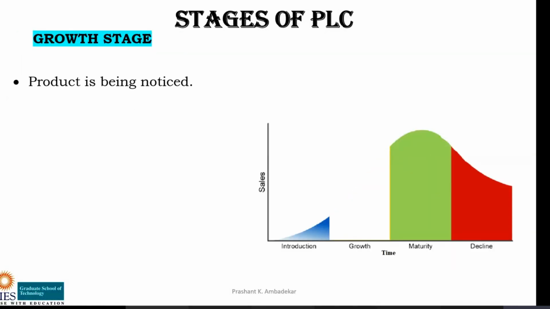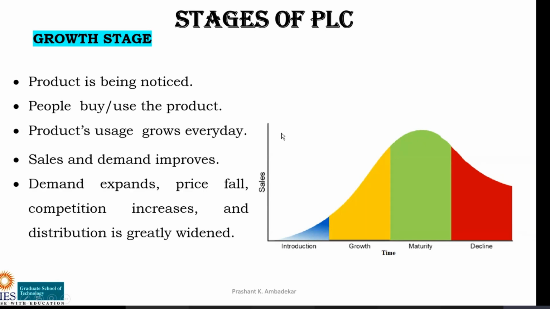Okay, what happens in growth stage? The product is growing now. Okay, you can see the curve. The product is growing and it is establishing its customer base in the market. People are liking, the customers are liking the product and they are purchasing it.